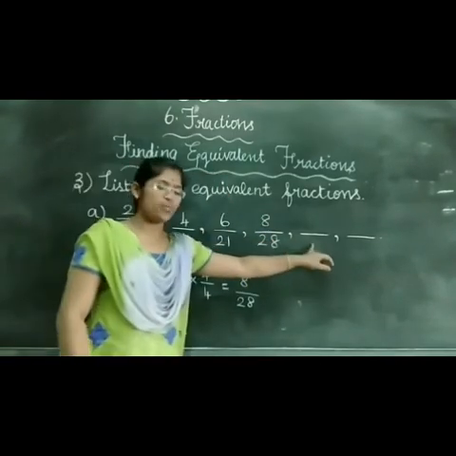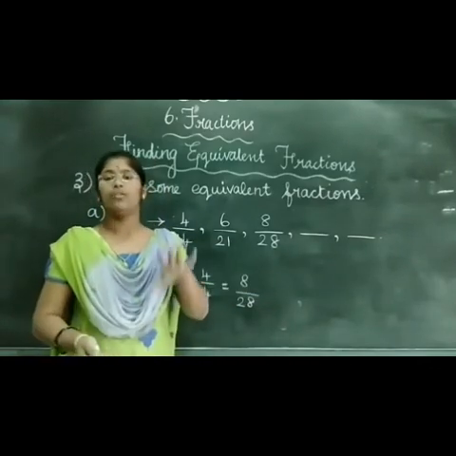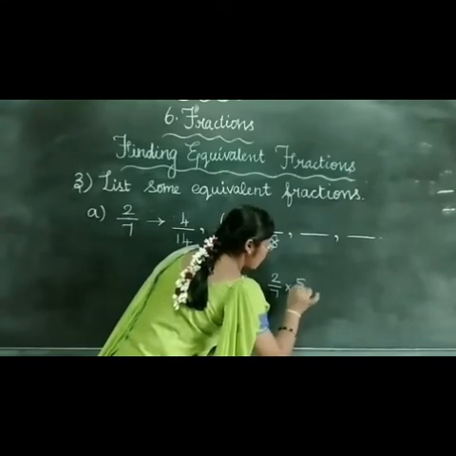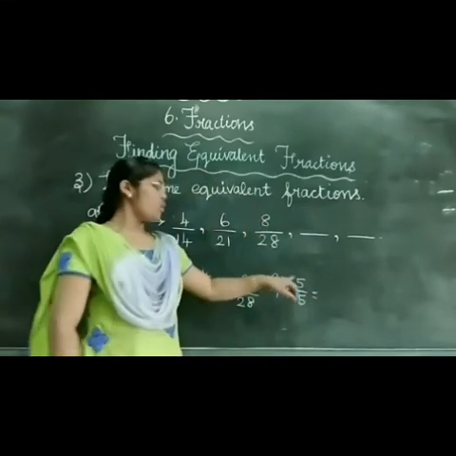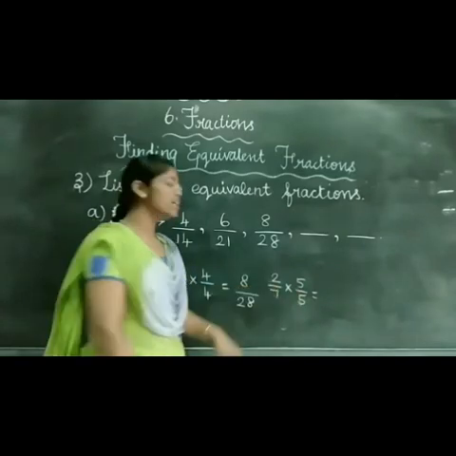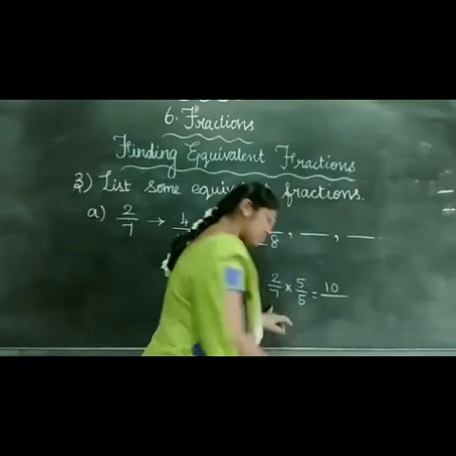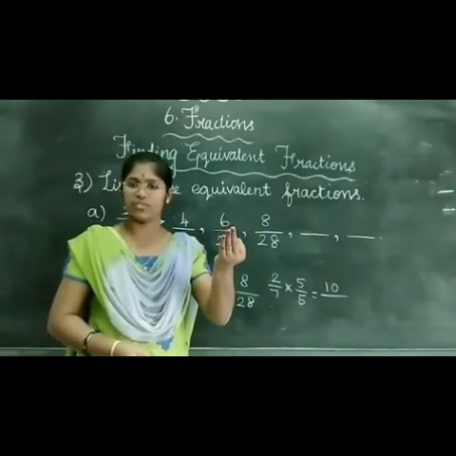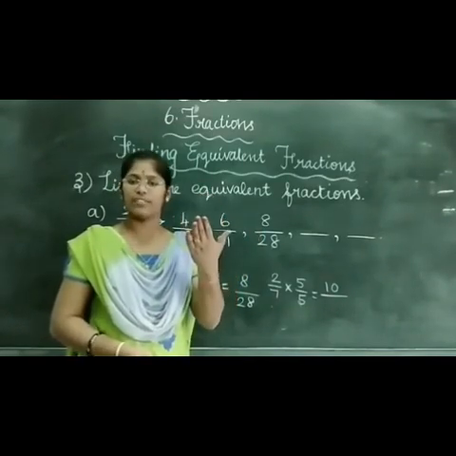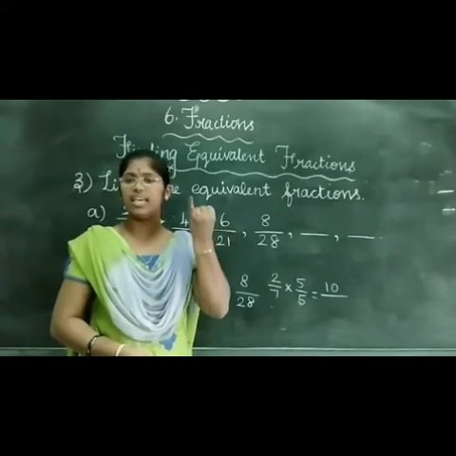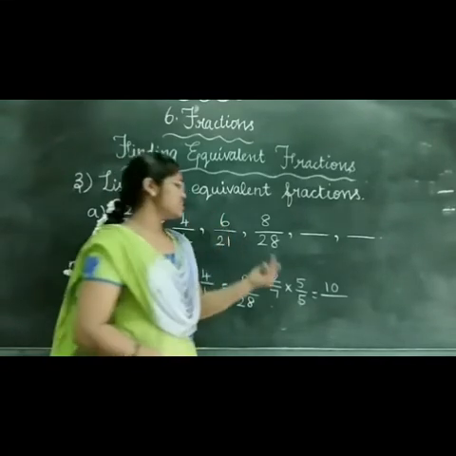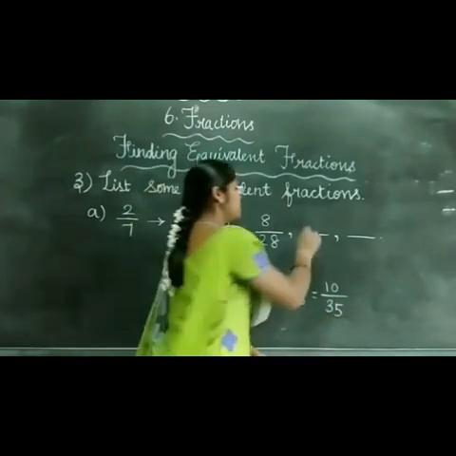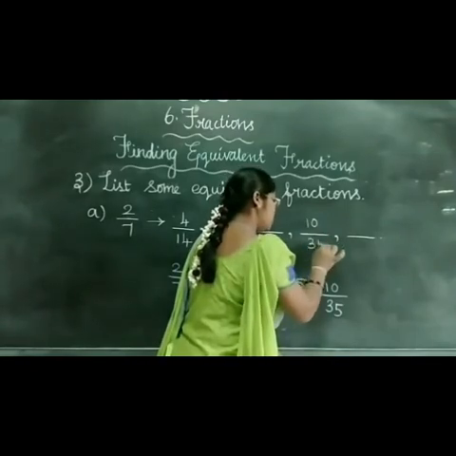Then for the next one, we have to multiply it by 5. 2 by 7 into 5 by 5. 1 5 is 5, 2 fives are 10. Then for 7 fives are, 1 5 is 5, 2 fives are 10, 3 fives are 15, 4 fives are 20, 5 fives are 25, 6 fives are 30, 7 fives are, yes, 35. So the answer is 10 by 35.